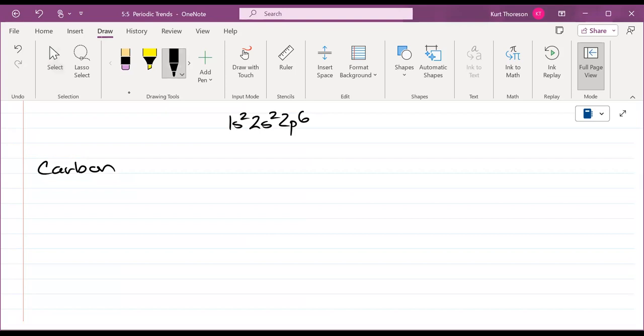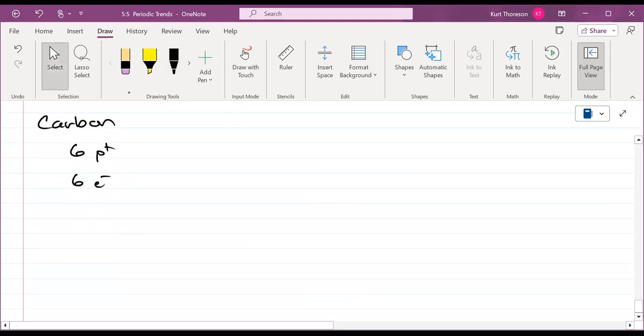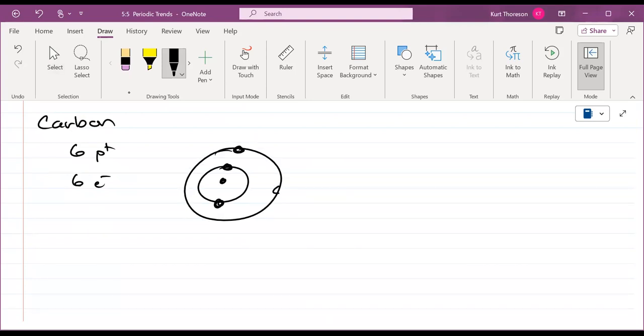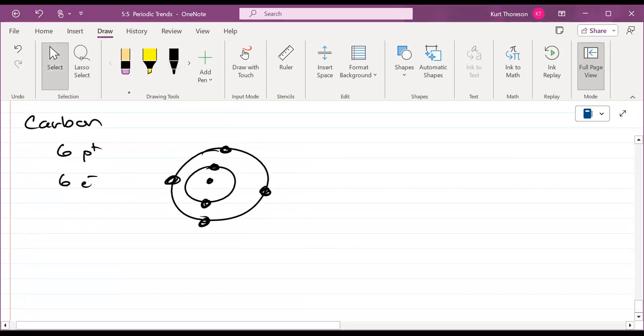Carbon has 6 protons, 6 electrons. It looks like this. It has 4 valence electrons, 6 total electrons. So here comes the answer.